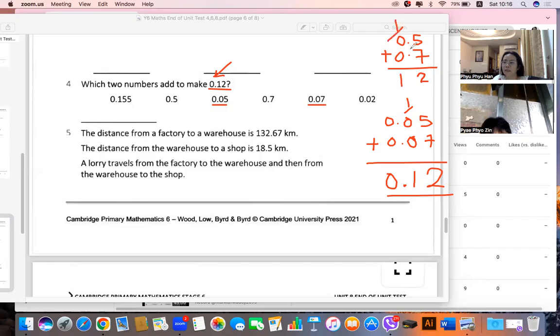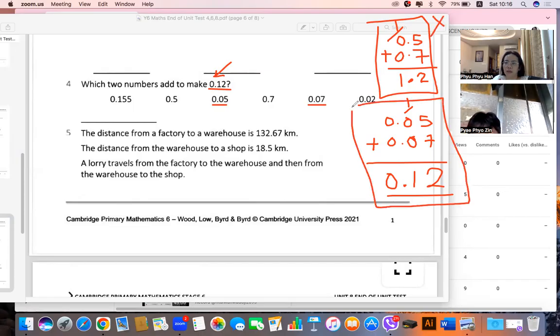So I got like this. So with one decimal, I add. So do I get 0.12 or 1.2? 1.2. Okay, that's why this one is wrong. Okay, so this is the correct answer.